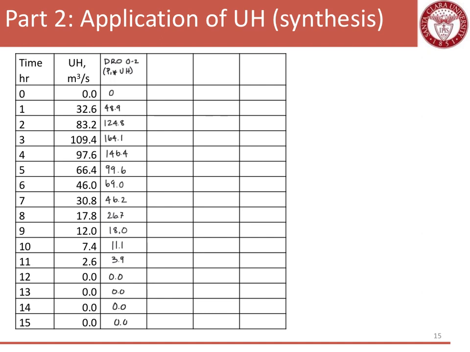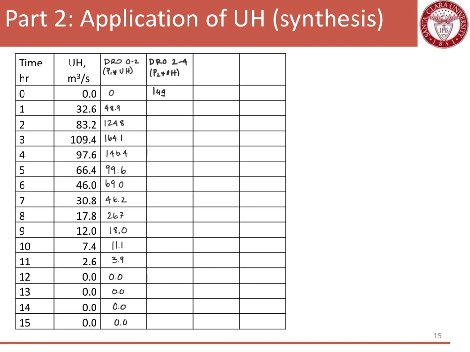In this next column, I am going to have the runoff for the rainfall that falls from 2 to 4 hours. That's 2.75 centimeters. And so again, this is going to be P2 times my unit hydrograph. But let's talk about that lag.